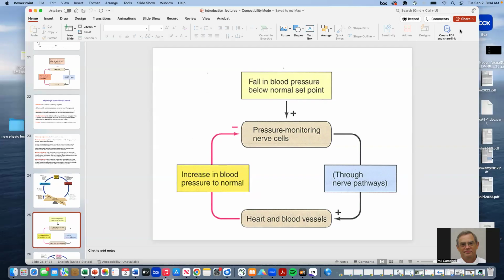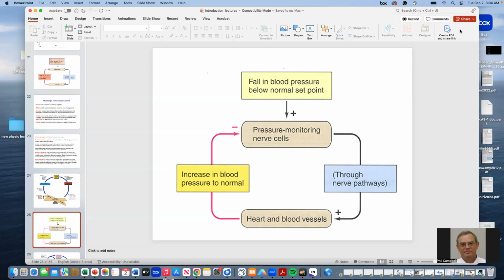One set resides in the aortic arch. This is as the blood leaves the left ventricle to go into the systemic circuit. It passes through into the aorta. This forms an aortic arch. There's baroreceptors here that measure pressure. There's also a set up here in your carotid arteries that is supplying blood to your brain. Both sets will measure and can act separately to maintain pressure.